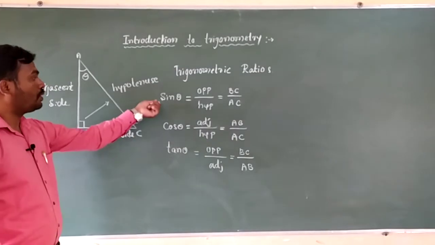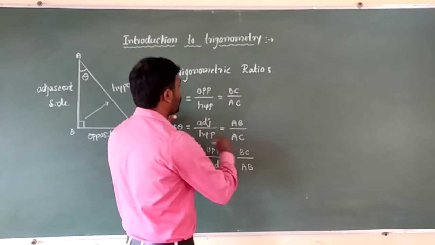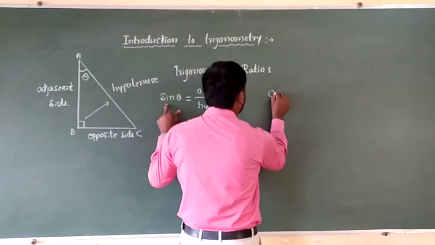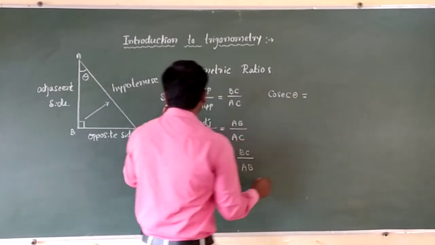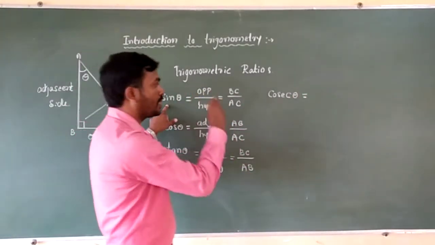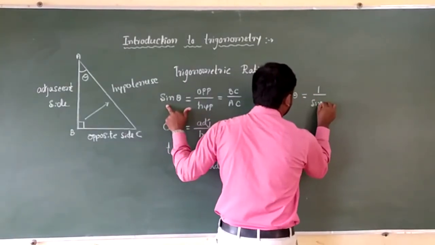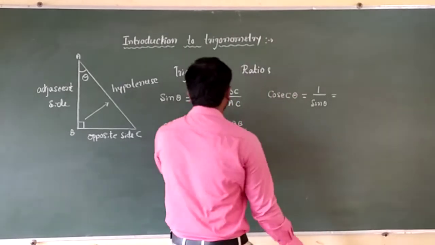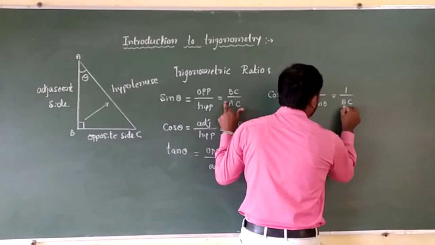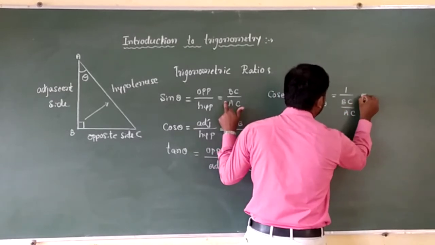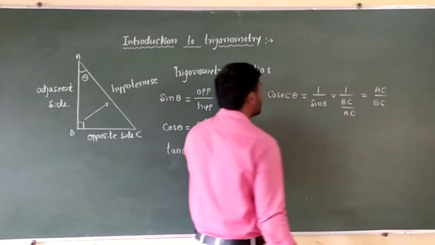If we take the reciprocal of all these three, we get the next three. The reciprocal of sine is cosec theta, that is 1 by sine theta, which is 1 divided by BC by AC, equal to AC by BC.